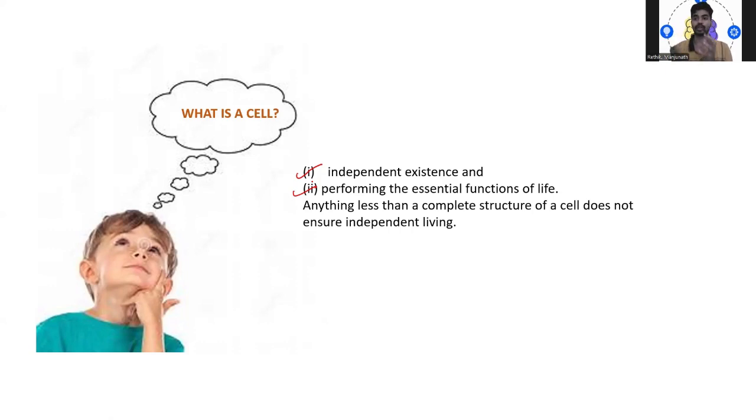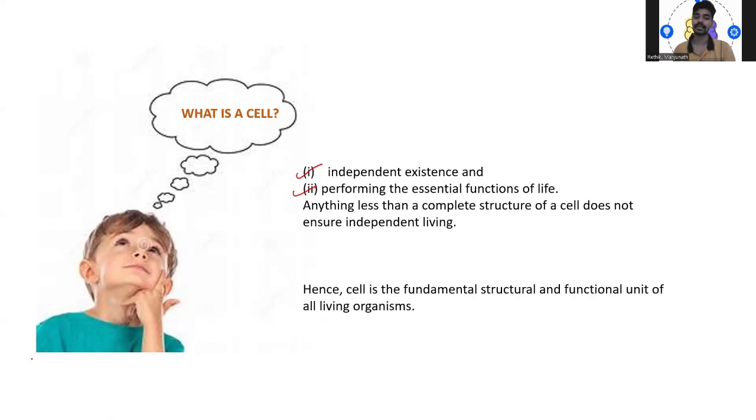All the cells perform their individual functions and group together to form a specific function. Not only that, all living organisms are made up of different kinds of cells. Hence, we can define the cell as the fundamental structural and functional unit of all living organisms.